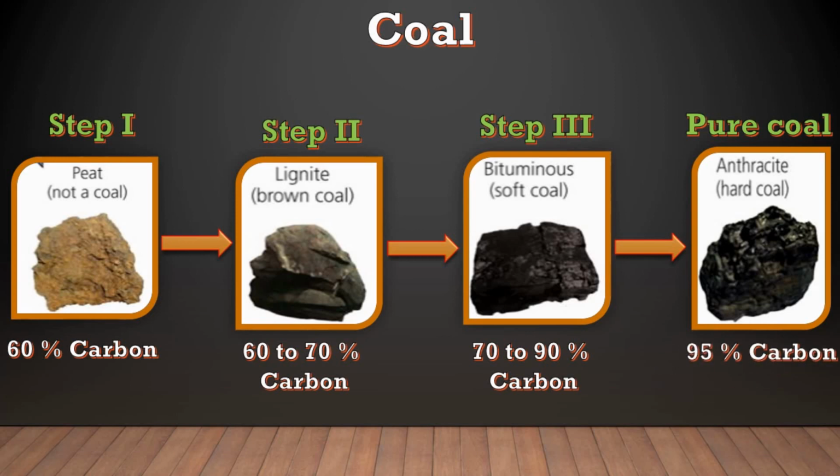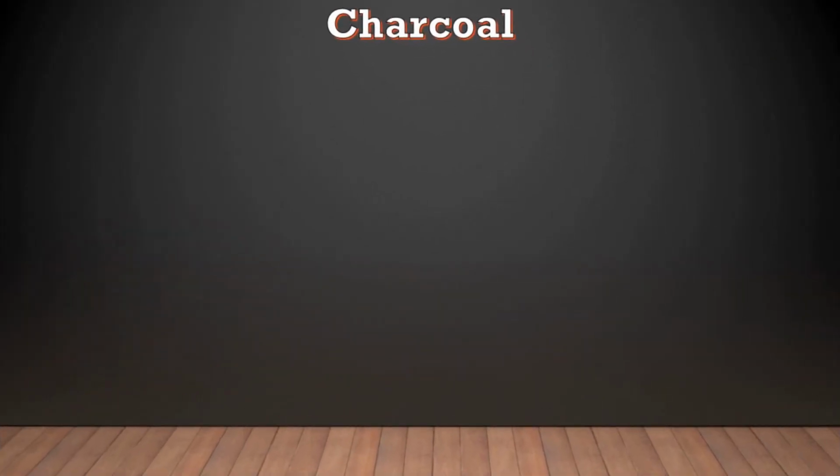Charcoal is produced by the incomplete combustion of plant or animal products. The major use of charcoal is for outdoor cooking. Animal charcoal is produced from bones or horns from animals.